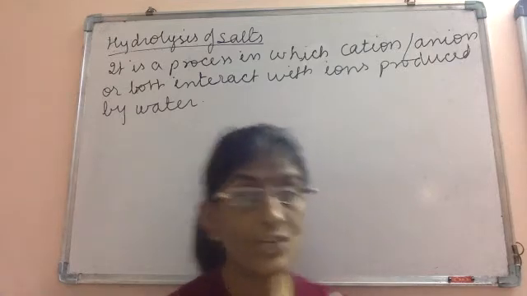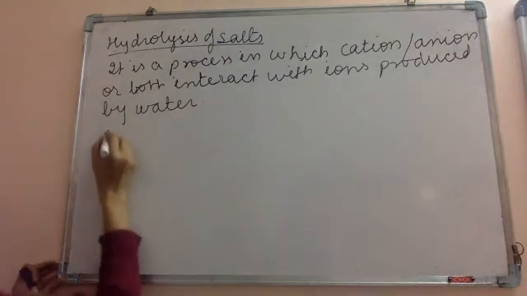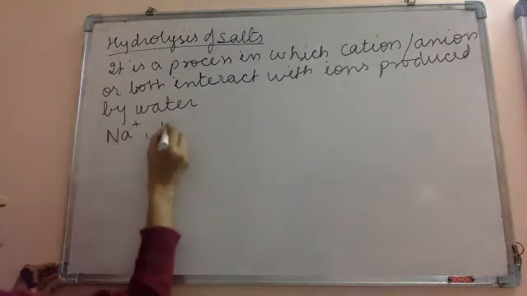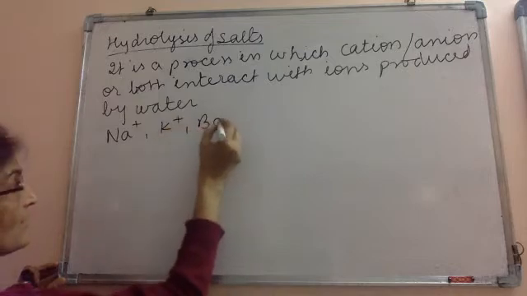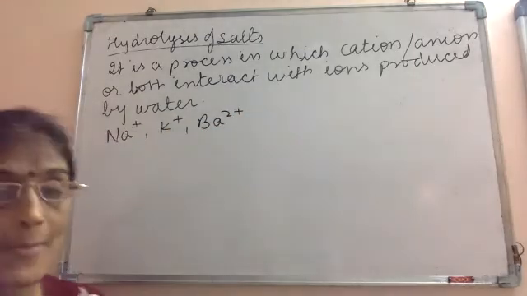Now which ions undergo hydration, and which ions undergo hydrolysis? Ions of strong acids and strong bases, like Na plus, K plus, Ba2 plus, are ions produced from strong bases.